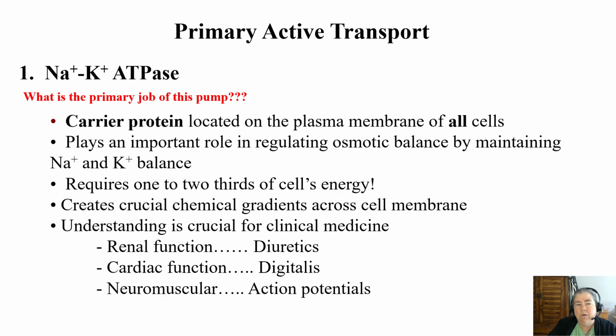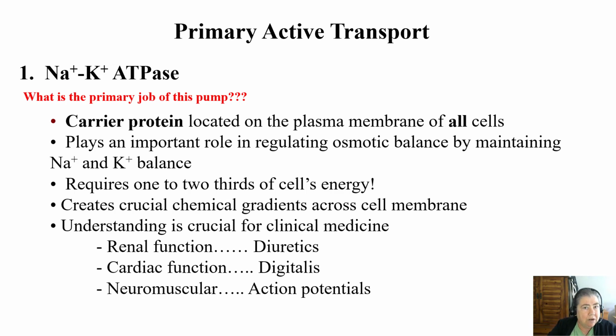It uses between 1 and 2/3 of the energy of, again, every cell in the body. Some cells it's more crucial and uses more energy. But understanding it is important for understanding how a ton of things work. It's extremely important in the kidneys, and it helps us understand how diuretics work.